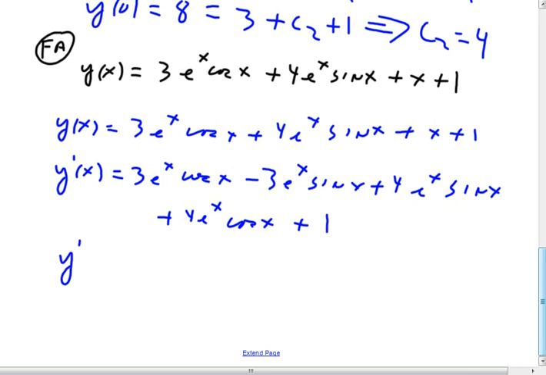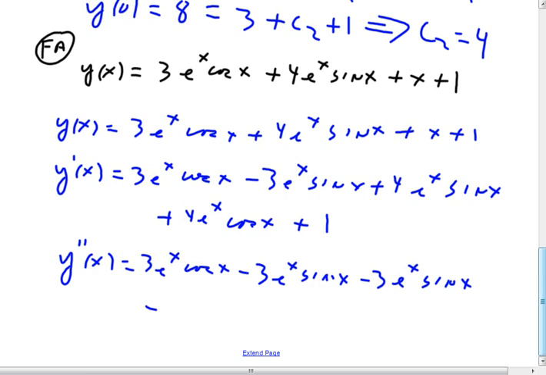And y double prime is 3 e to the x cosine, minus 3 e to the x sine, minus 3 e to the x sine, minus 3 e to the x cosine, plus 4 e to the x sine, plus 4 e to the x cosine.